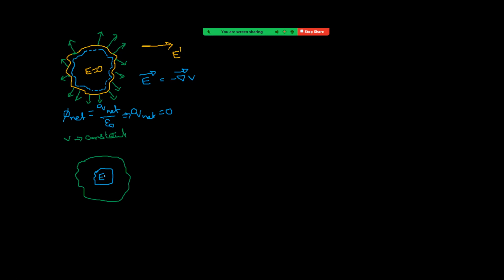So inside the cavity the electric field will be zero if there are no charges inside the cavity. Right? Now see carefully. What happens if we place a charge inside the cavity?